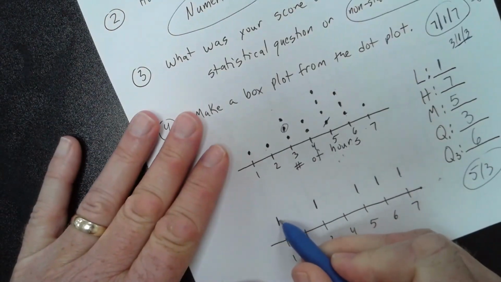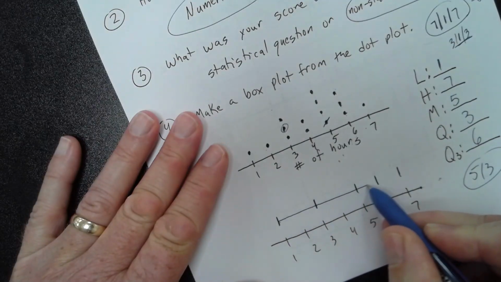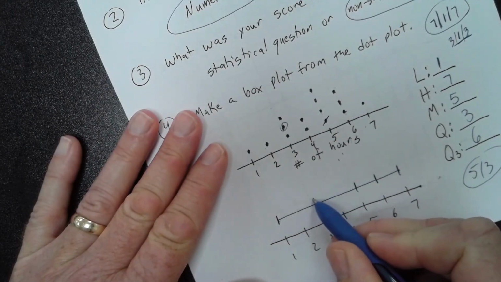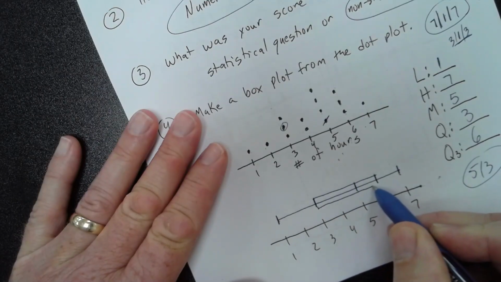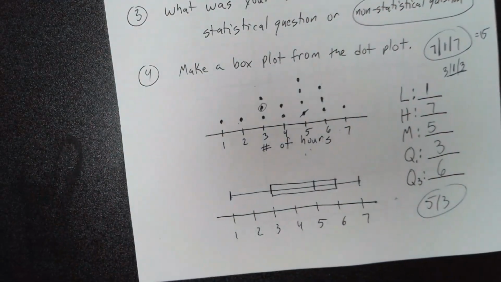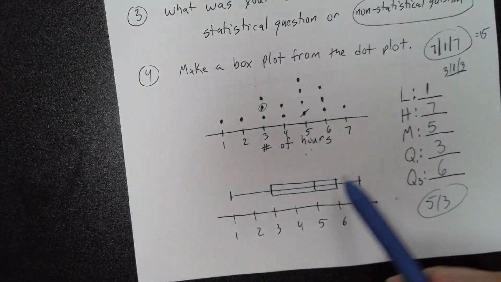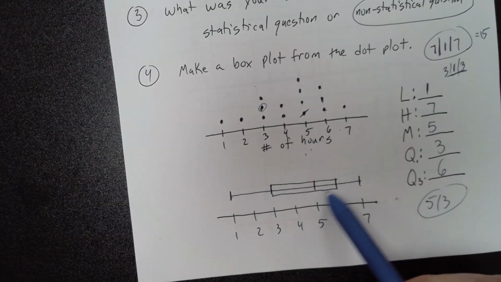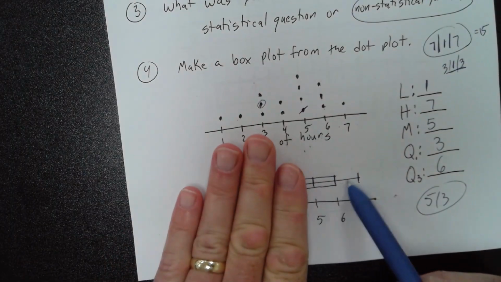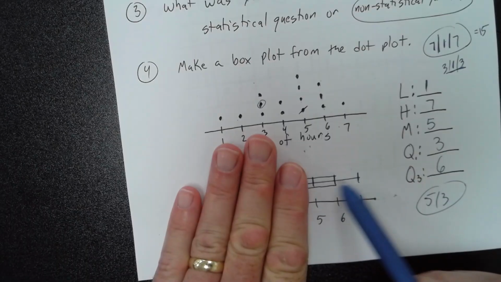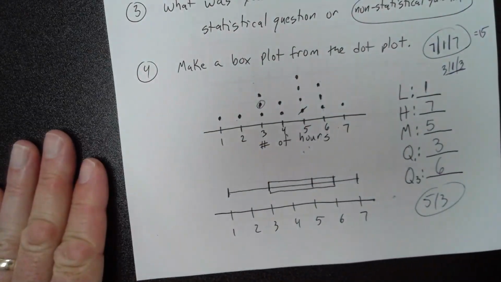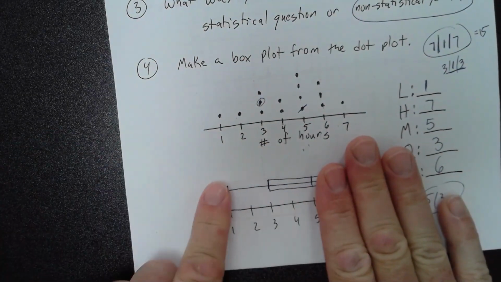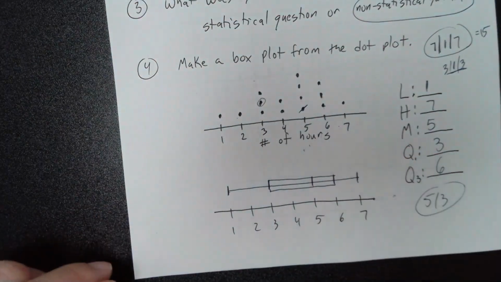Then I make one line all the way across, showing that it connects from the bottom to the top, and then the middle part gets the box. All right, so there it is. This smaller box here, 50% of the data is here, and it's in a small space. That makes sense because that's where most of the dots are. And then this is half of the data, and it's more spread out.